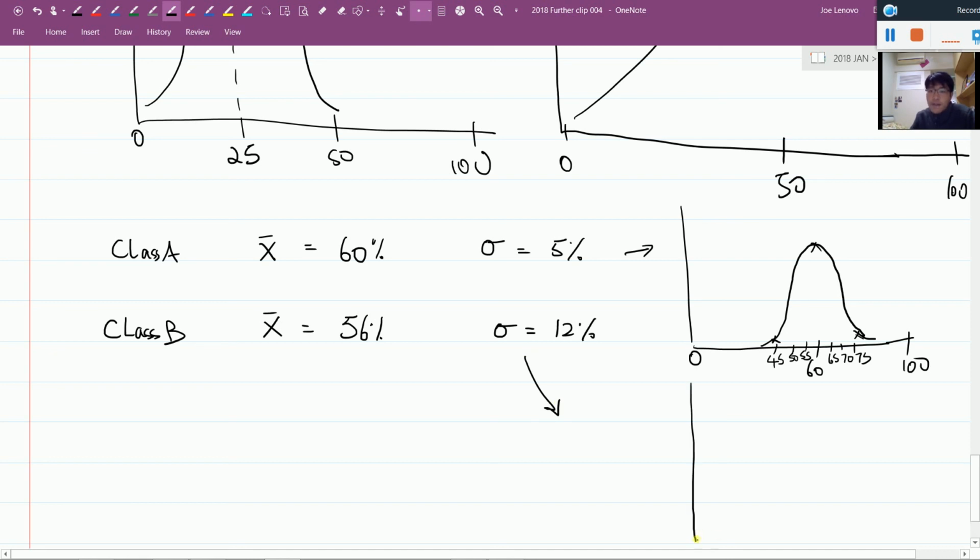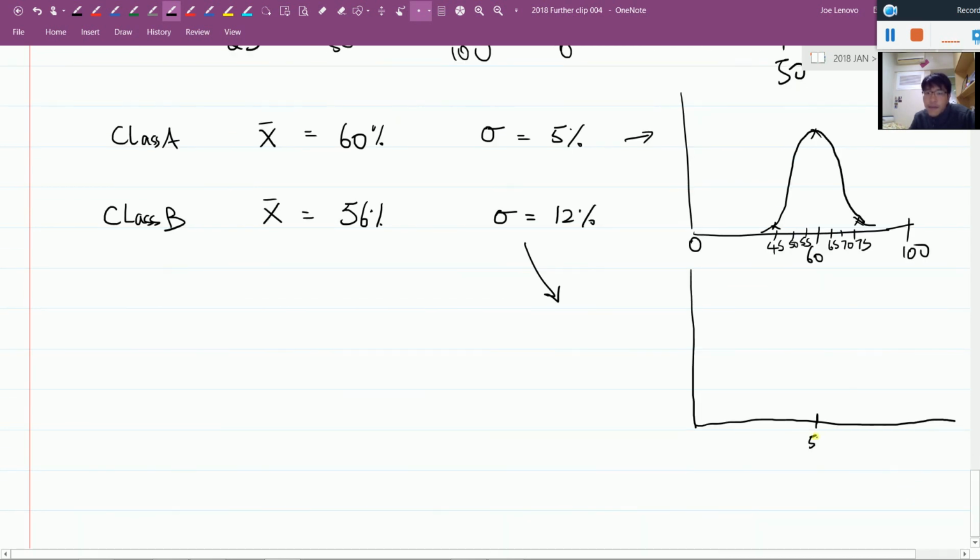The next one, what would it look like? Compare those two graphs. You start from 56, slightly less than 60, but the standard deviation is 12%. So from 56 here, 12% would be 68. Then another 12% would be 80.